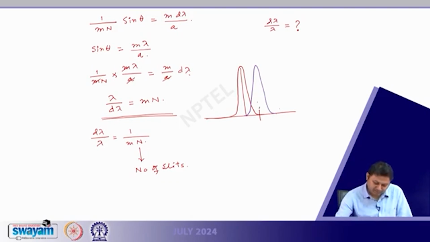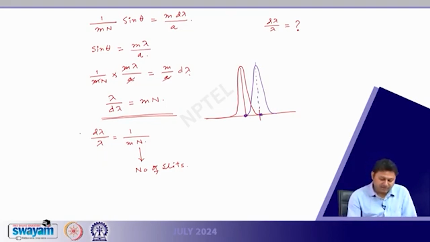So, that is the condition for maxima of lambda, and that is the condition for minima of lambda plus d lambda, that is the condition for maxima of lambda plus d lambda, but that is also the condition for the minima of lambda. These two conditions we combine together, and after combining we find that d lambda divided by lambda is 1 divided by m n.